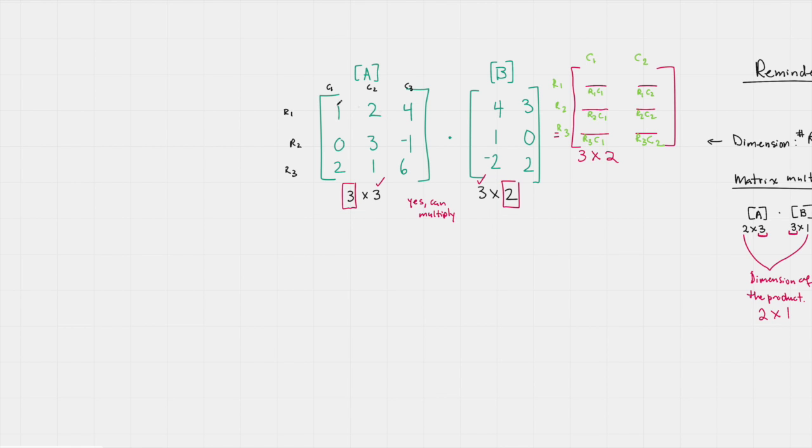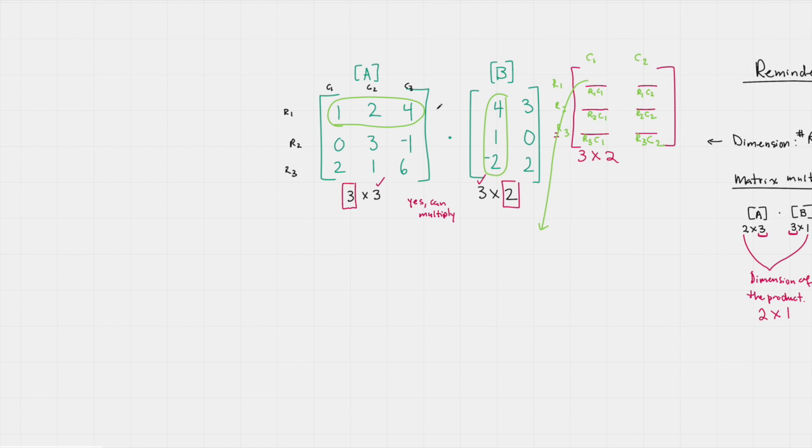So this is actually how you multiply the matrix. For example, for this slot right here, it says that we've got to take row 1 multiplied by column 1. So we go to row 1, we multiply by column 1. Okay?